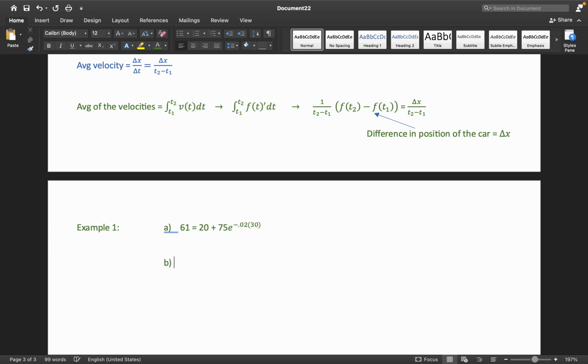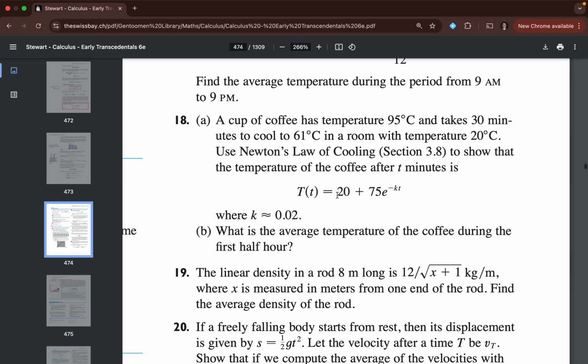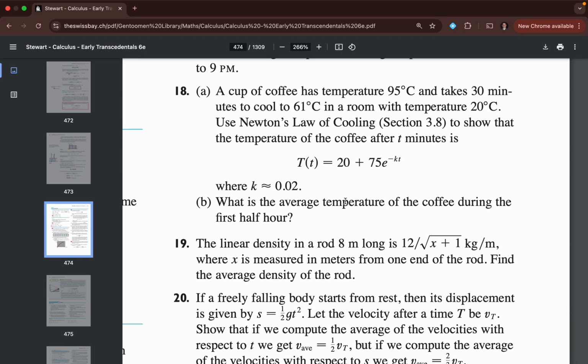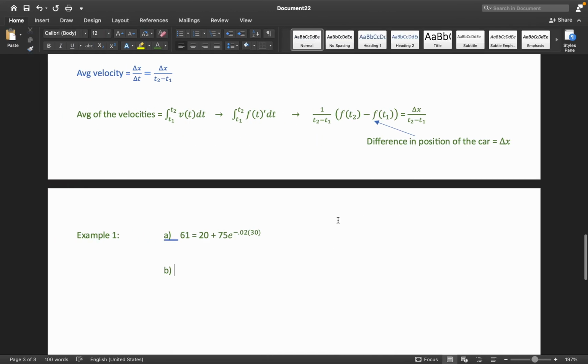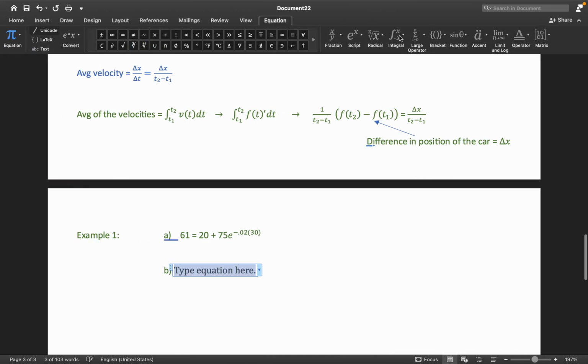For part B, I'm asked to find the average temperature of the coffee during the first half hour. So that means I want to find the integral from 0 minutes to 30 minutes of 20 plus 75 e to the negative 0.02 t dt.